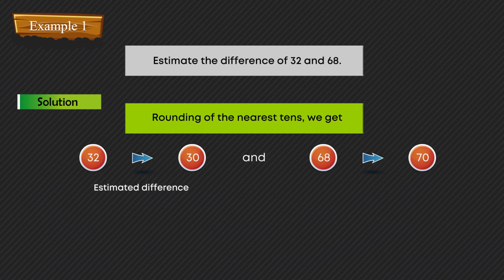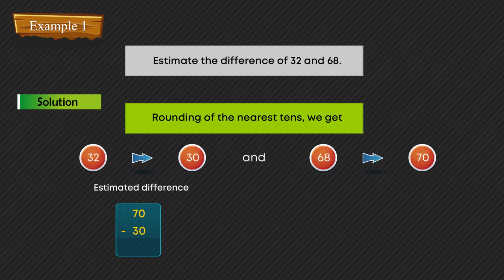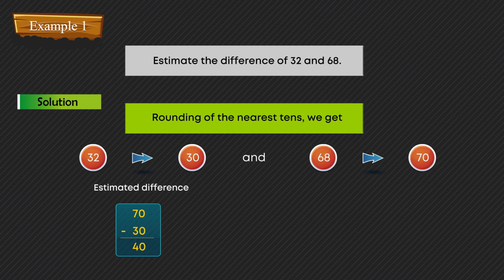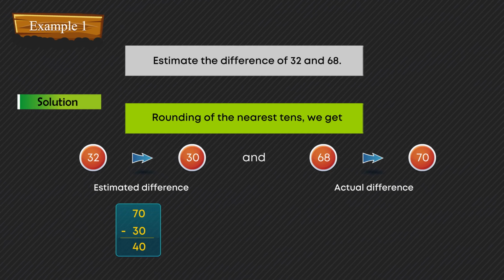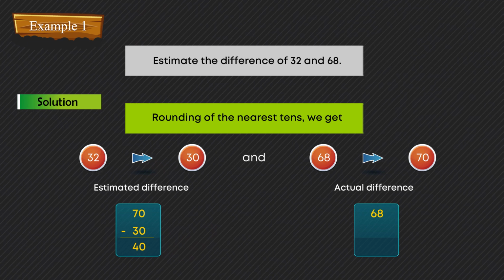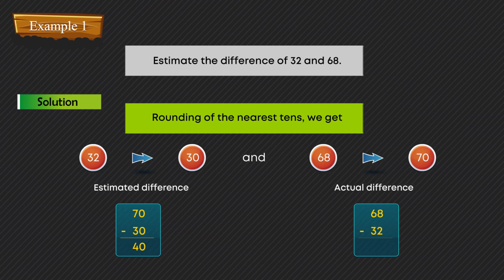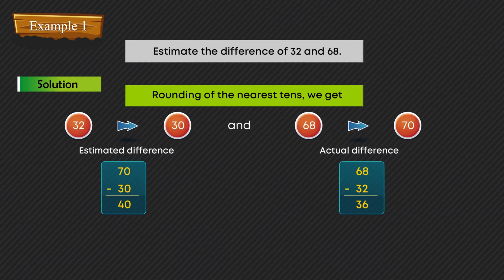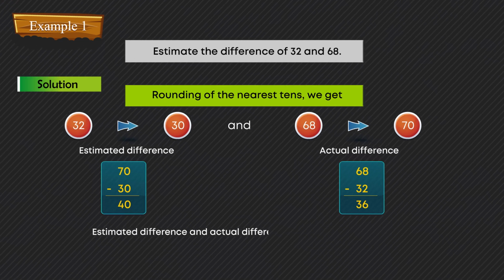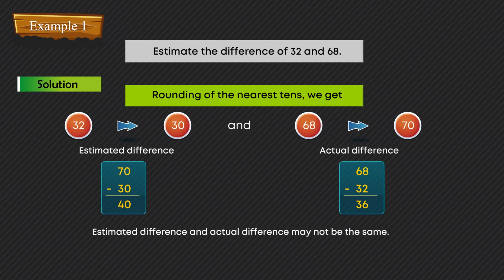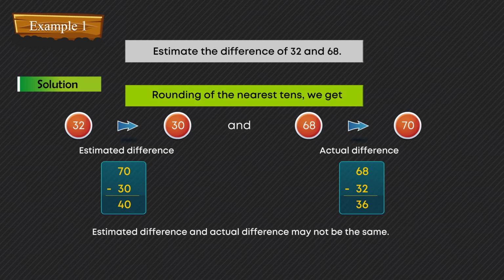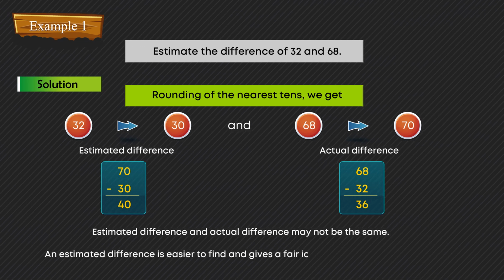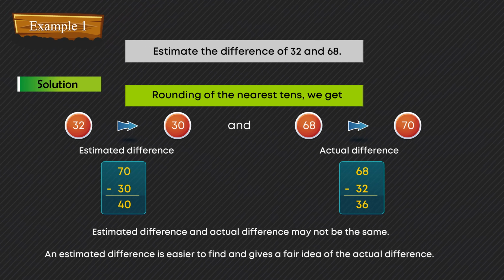Estimated difference. 70 minus 30 is equal to 40. Actual difference. 68 minus 32 is equal to 36. Estimated difference and actual difference may not be the same. An estimated difference is easier to find and gives a fair idea of the actual difference.